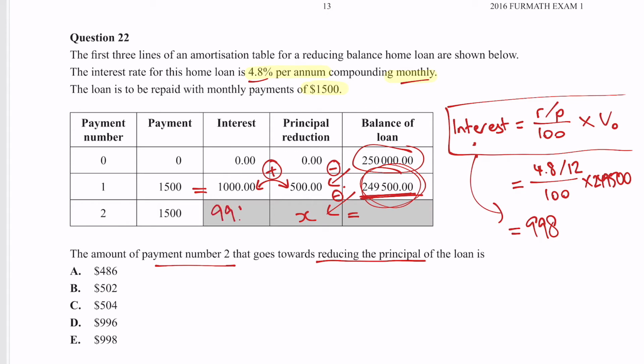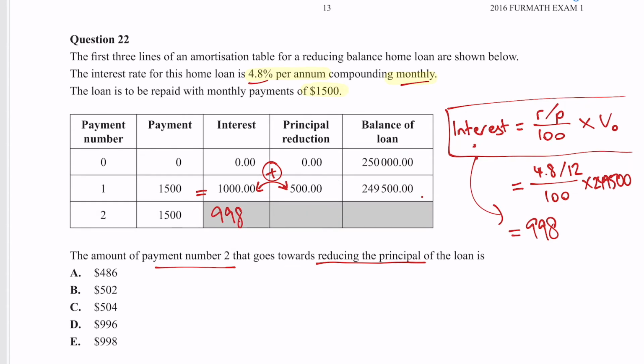So 998 goes there. Okay, so now going back to the idea that the interest plus principal reduction gives me my payment, I now know that 1,500 minus 998 will give me this. So I put that on my calculator, and I get 502.